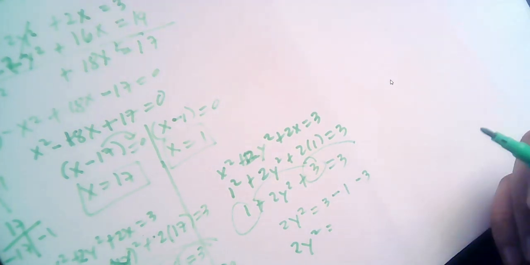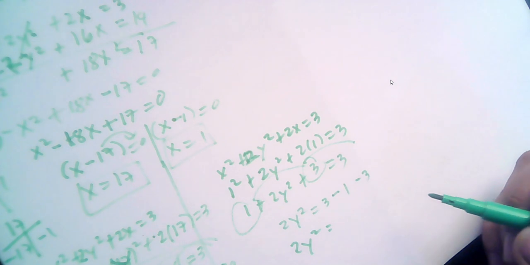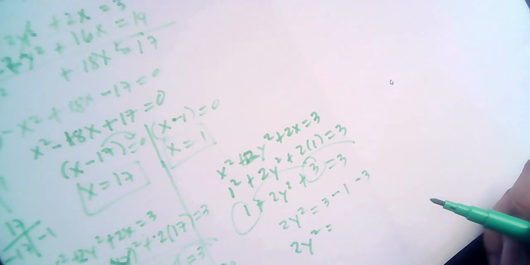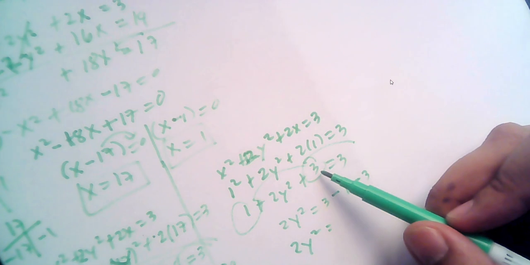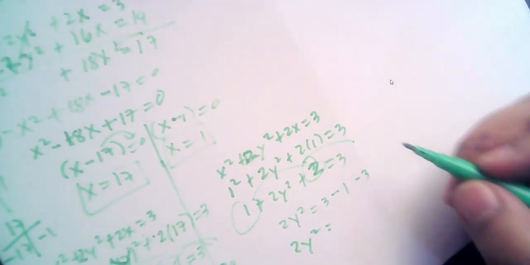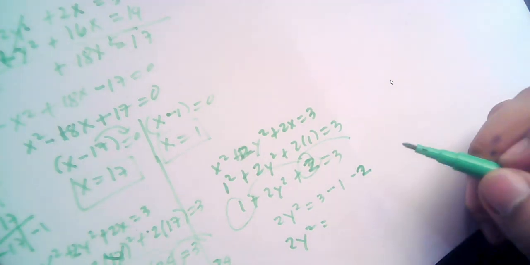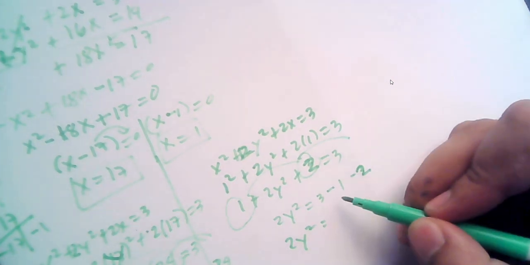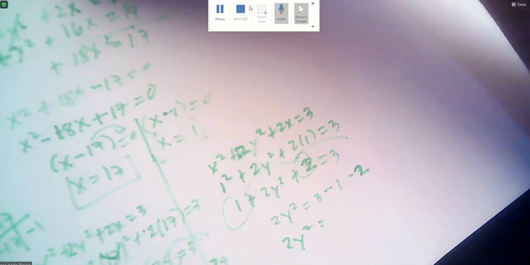Did I get it right? Yeah, it's 1. It's 3 in here. I'm so sorry, I'm really not on my mind now. You have 3 minus 1, it's really a long video now.